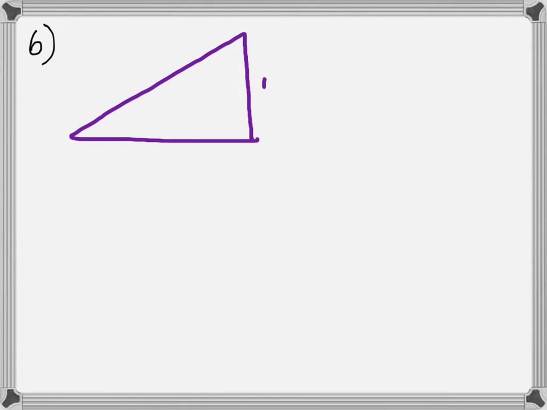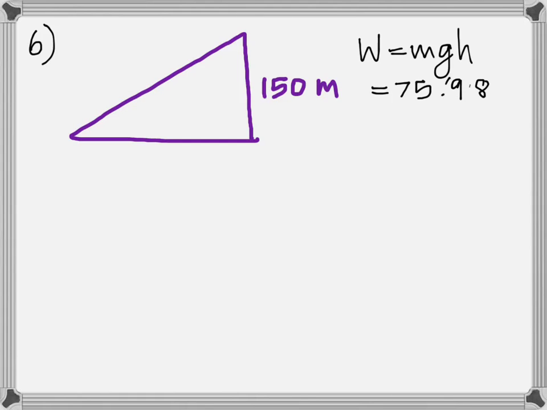In the sixth question, the cyclist is going up a hill of 150 meters at 7.8 degrees. So to find the work done, just use mgh, because in this case he's lifting himself and the bicycle, so it's mgh.